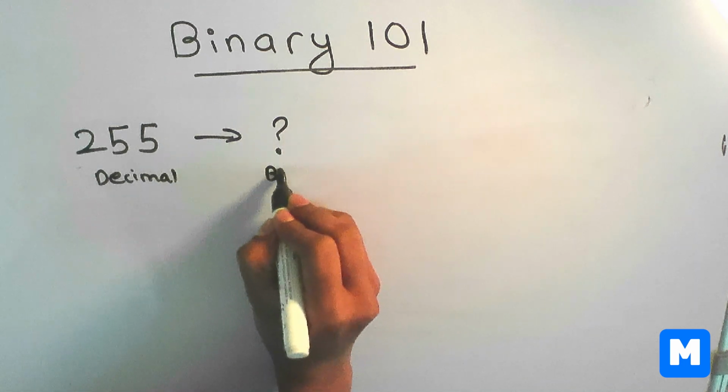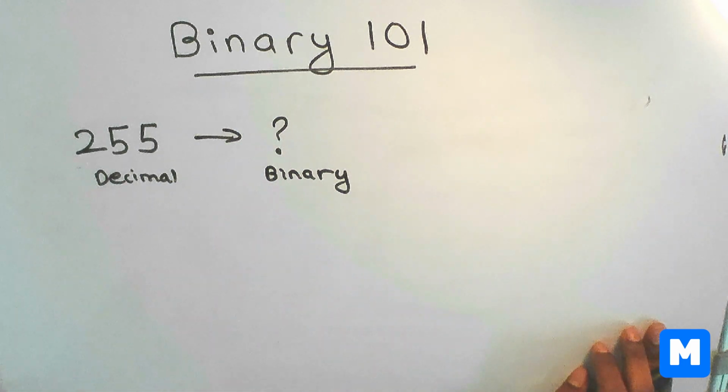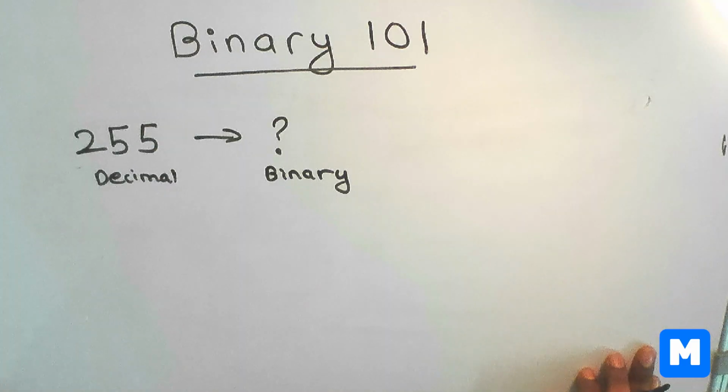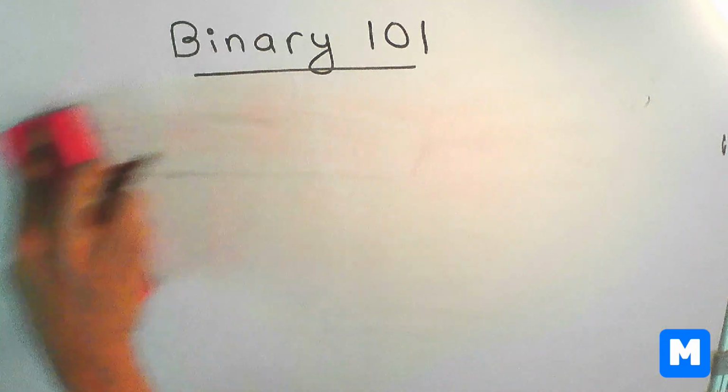Now how would we do this? There are two ways of approaching this. One is, if the number is small enough, you can approximate it, ballpark it, you can do it in your mind. But if the number is large, then you'll have to go for a more structured approach, and we'll be discussing that structured approach.